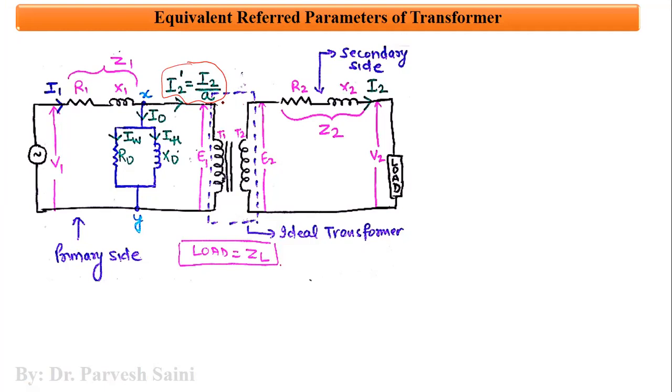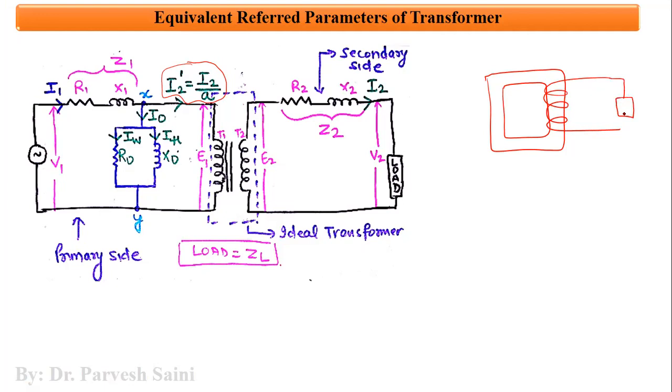In our previous lecture, we have already studied this concept of what happens when the transformer is loaded, when you load the secondary winding of the transformer by connecting it to some load, right?